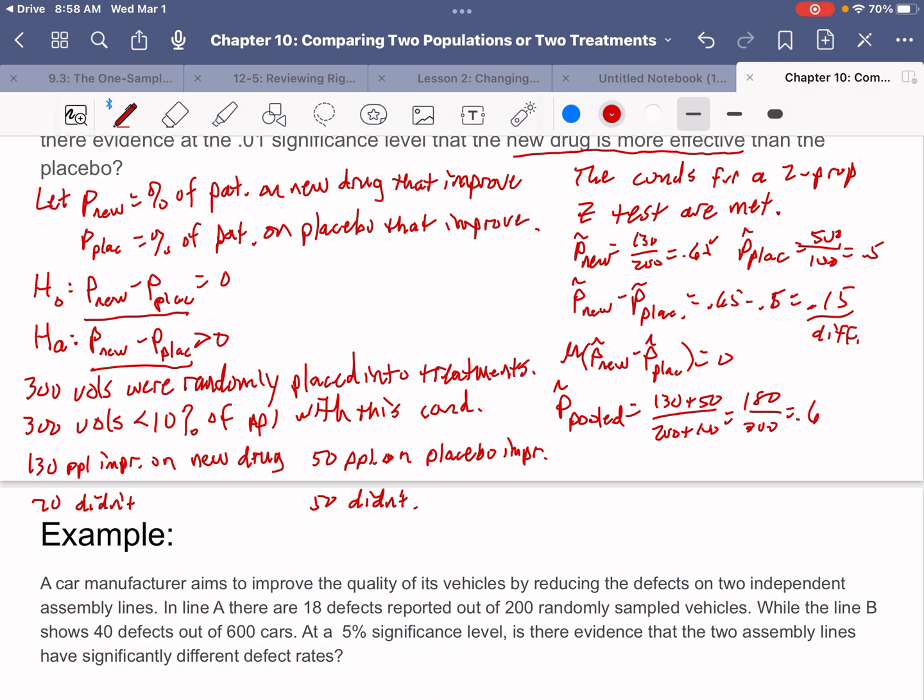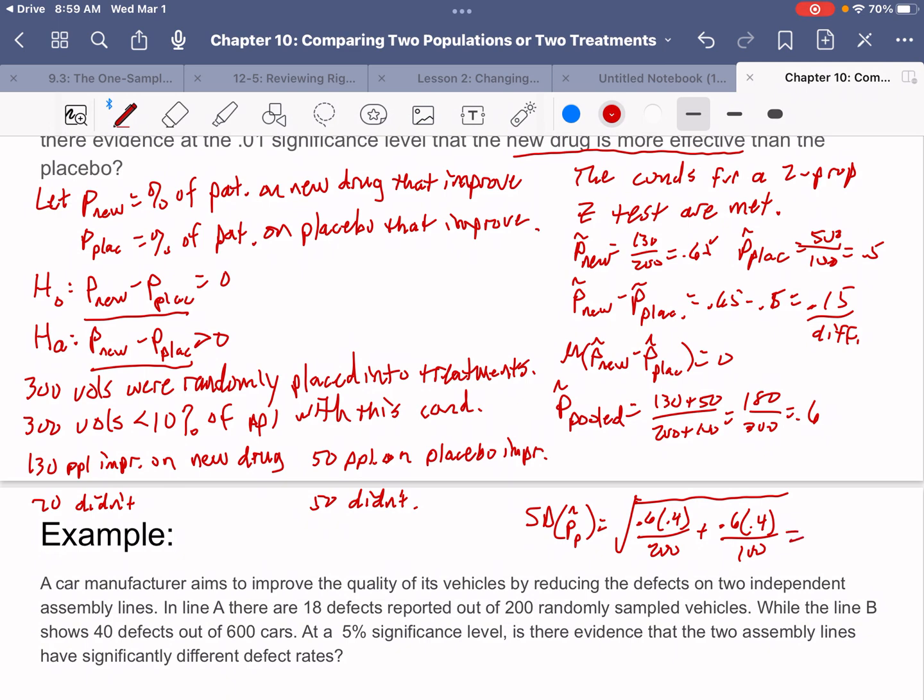So now, what you need to do is calculate the standard deviation of P hat pooled. Well, that's going to equal the square root of, you put the 0.6 times 1 minus the 0.6 divided by the new drug sample size, plus you put the P hat pooled yet again times 1 minus the P hat pooled yet again divided by the placebo sample size.